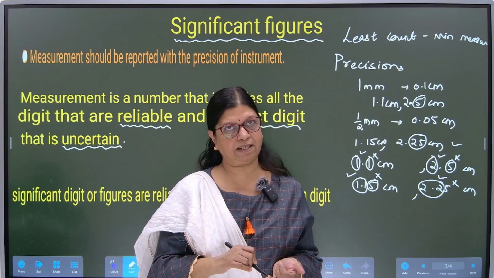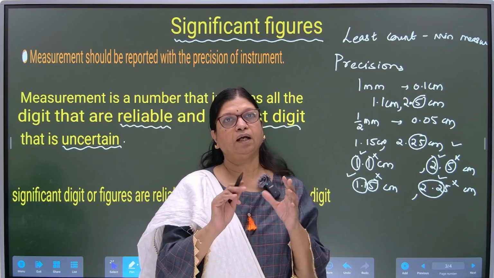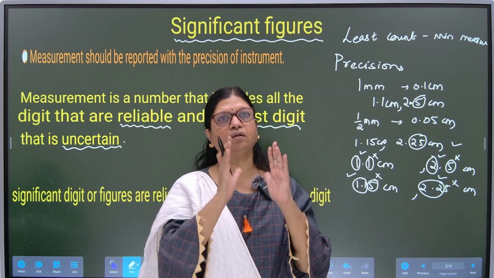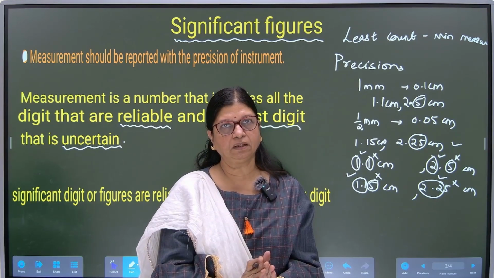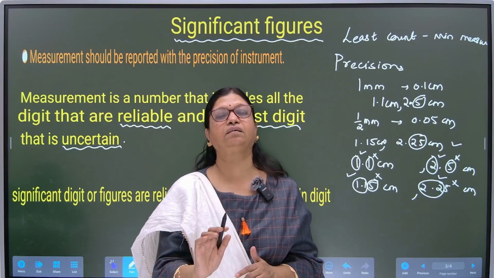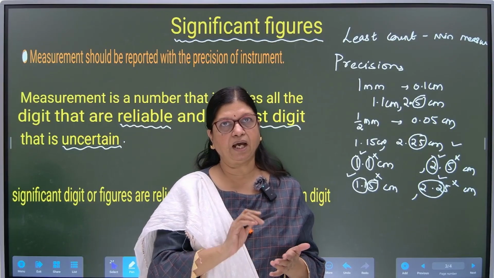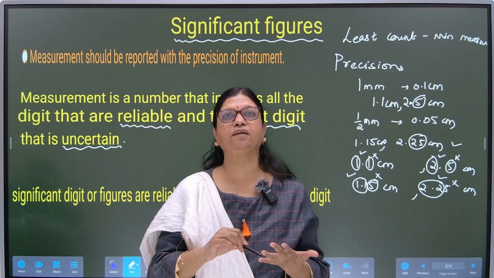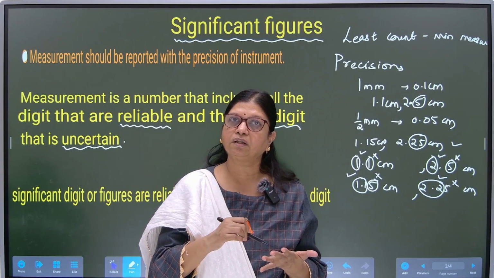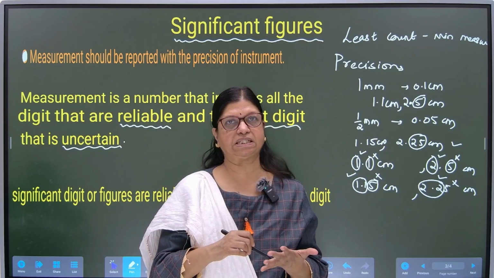So, the number of digits which are reliable plus the first uncertain digit are the total number of significant figures or the total number of significant digits. Fine.